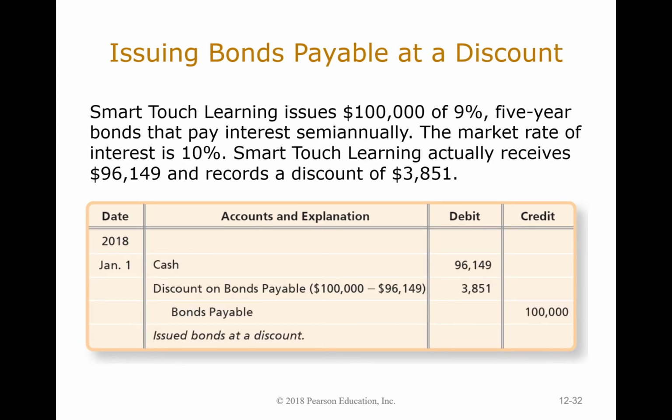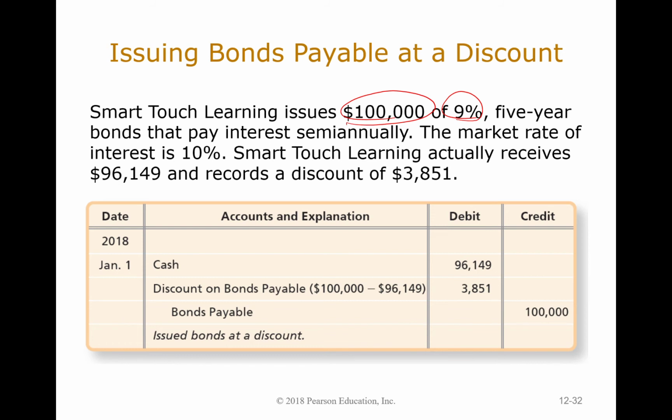Now, if we offered a discount, we're going to see Smart Touch issues a $100,000 bond. There's our face value. There's our coupon rate, which is 9%. The bond is paying 9% interest to whoever holds it. The market rate of interest is 10%. So Smart Touch actually receives $96,149, and we have a discount on this bond of $3,851.